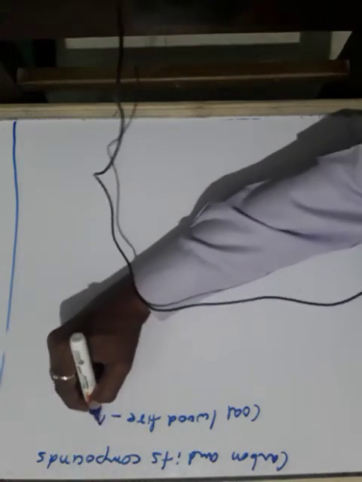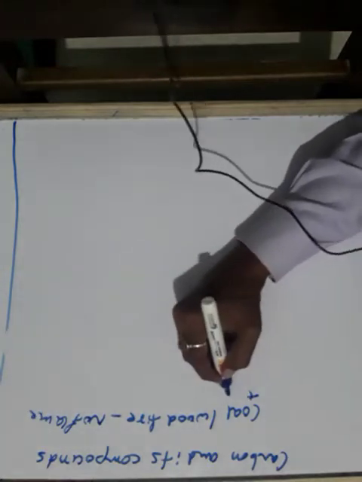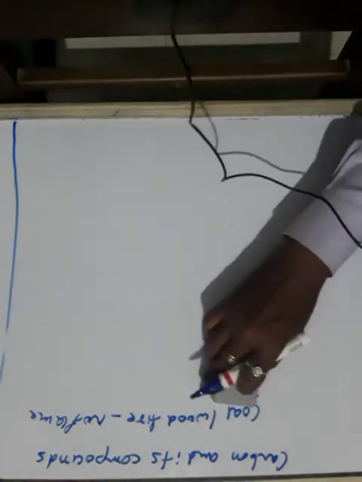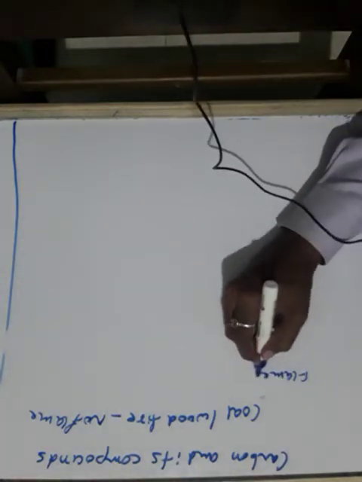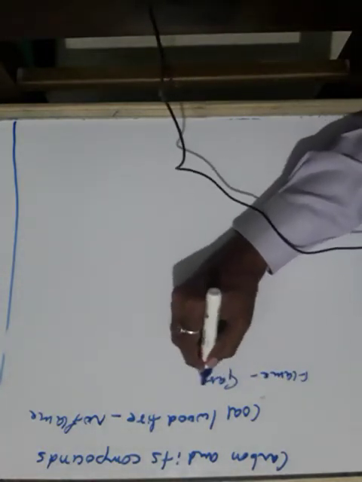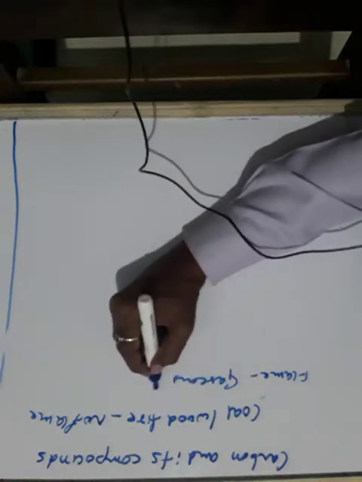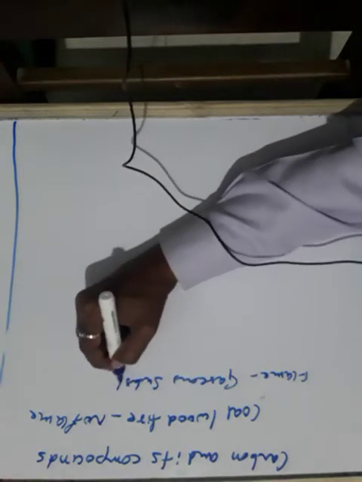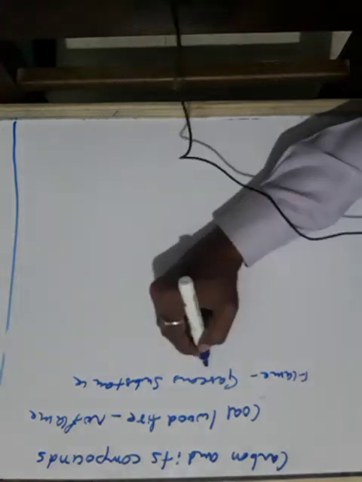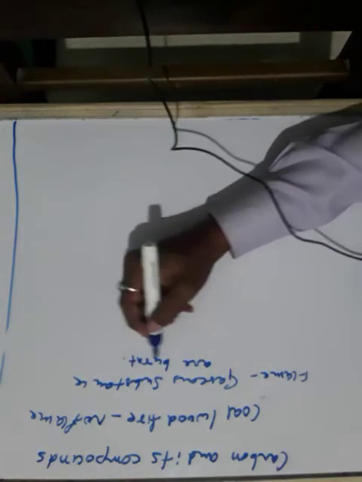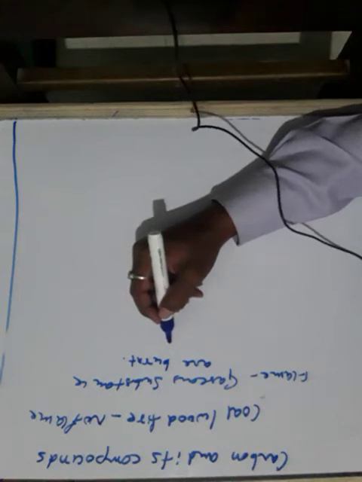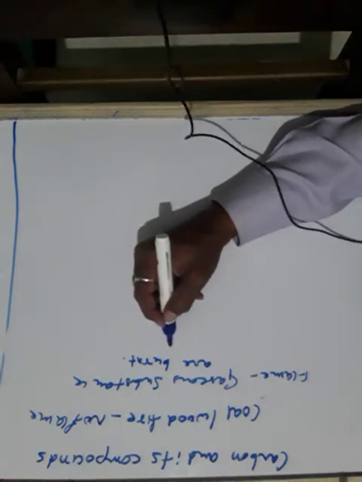So there is no flame when you burn this, because a flame is produced only when gaseous substances undergo combustion. Okay, when wood or charcoal is ignited, what happens?